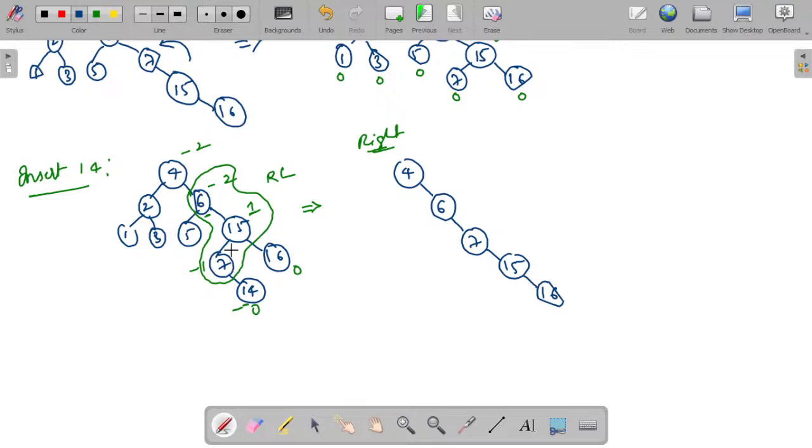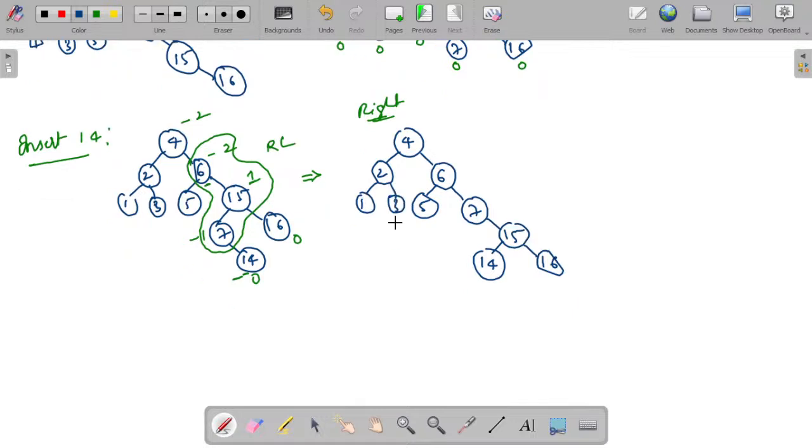The new right child for 7 is 15, so 14 should be connected to the new right child of 7, which is 15, and 14 goes to the left side of 15. 6 has a child which is 5, and we have 2, 1 and 3 connected. Now we have completed a right rotation.